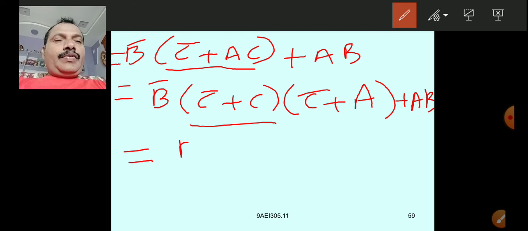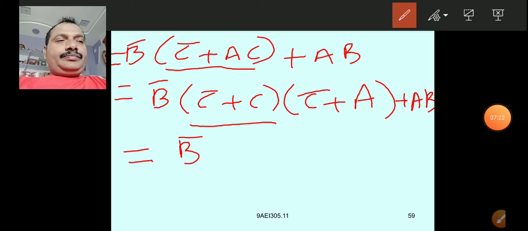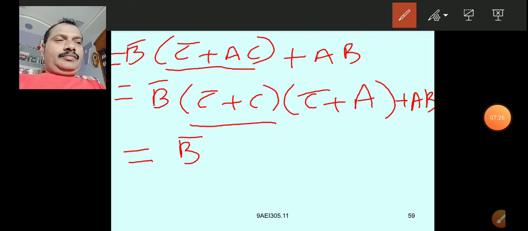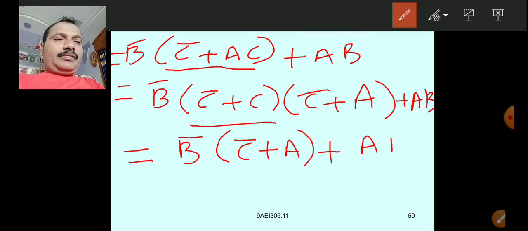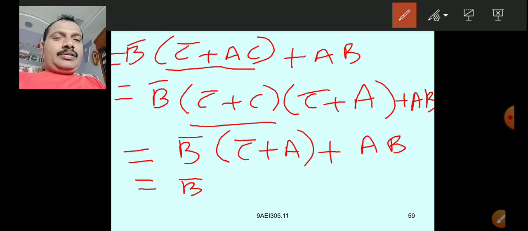So finally you will have the terms like this. Now in the brackets c bar plus A, plus AB. Now you open the brackets and write b bar c bar plus b bar A plus AB.